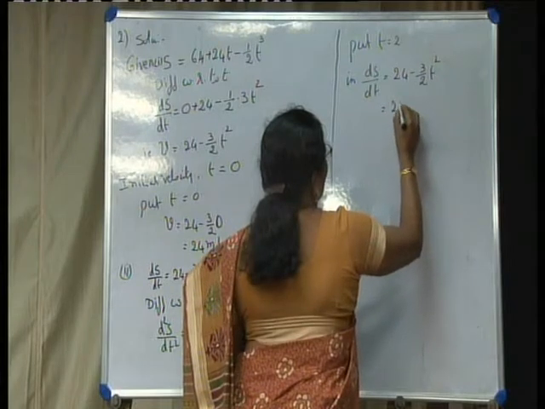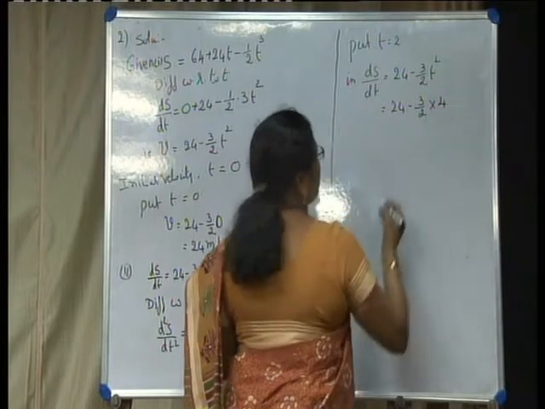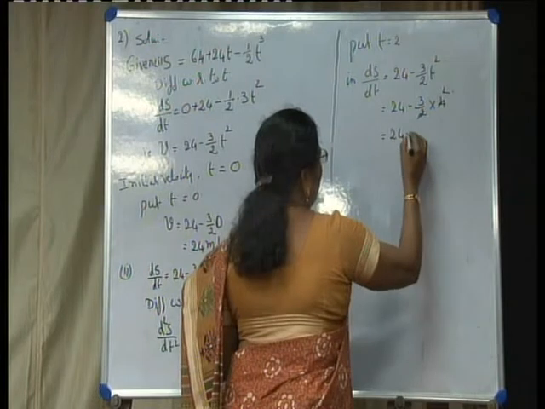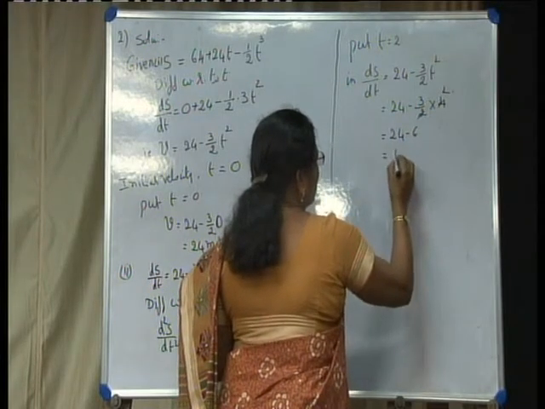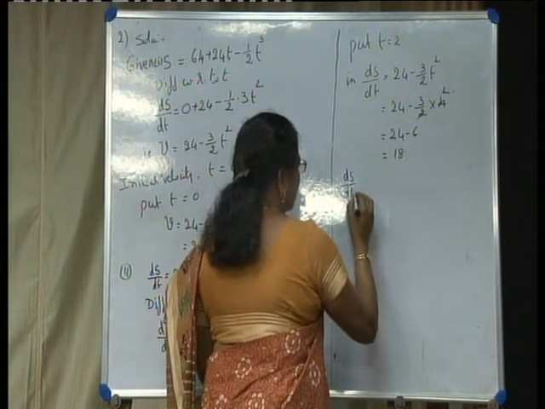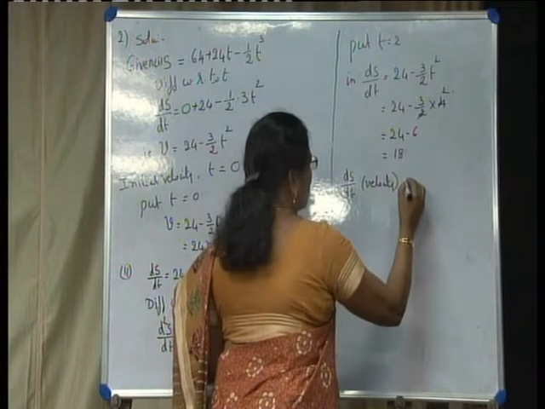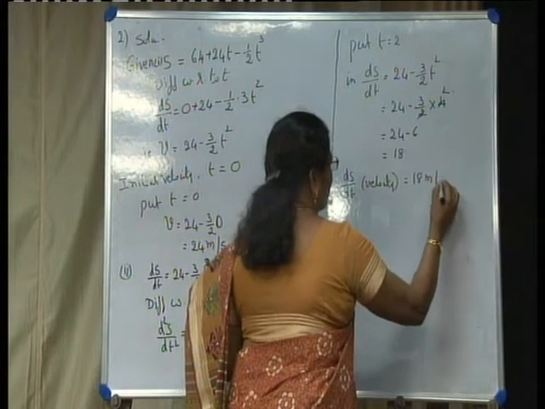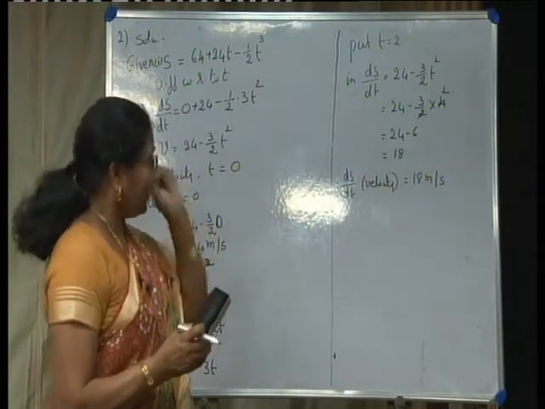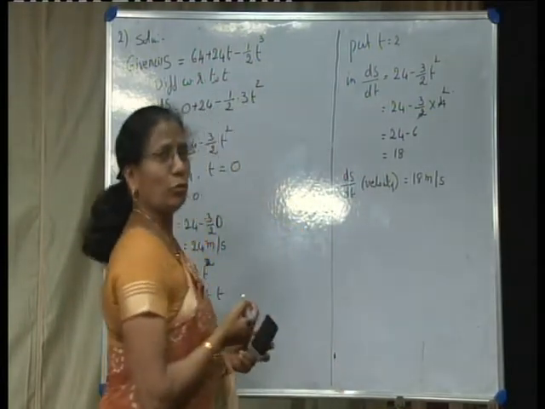This is 24 minus 3 by 2 into 4, since 2 squared, 2 twos are 4. So, this is 24 minus 6. So, this is 18. ds by dt, that is the velocity, is equal to 18 meters per second. Do not forget to write the unit. So, the velocity is 18 meters per second after 2 seconds.